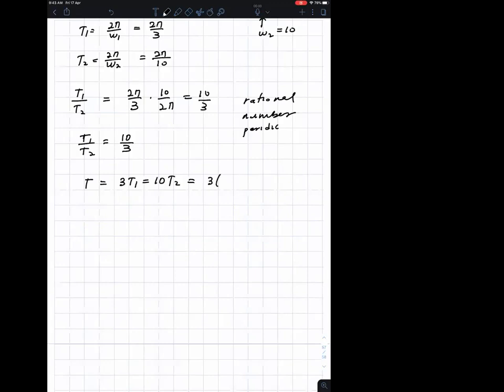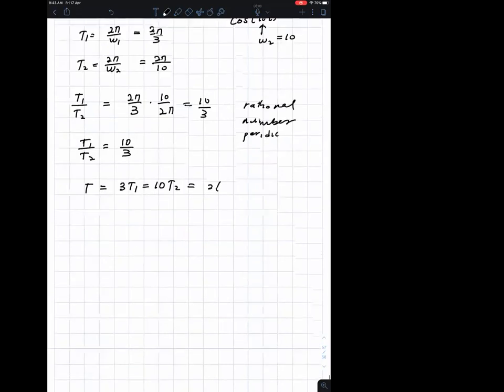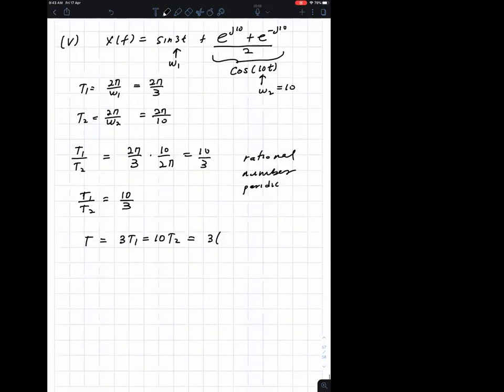Sir, for T2, can we simplify it as pi divided by 5? Can we do that?